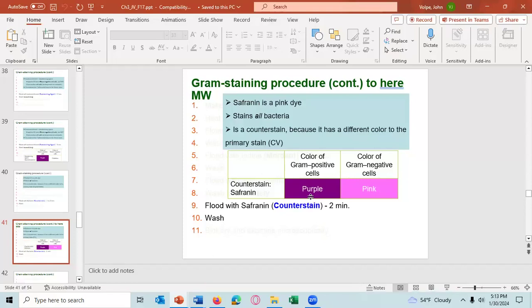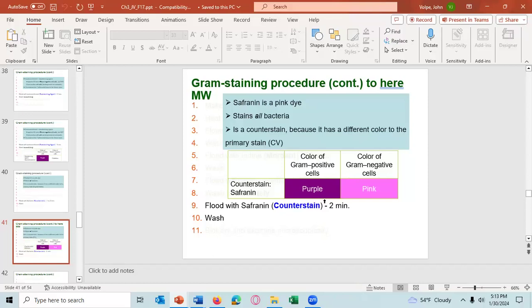Okay, safranin does get into the gram-positive cells, but when our human eye sees the color, it does not see the pink because it is overshadowed by the purple of the crystal violet iodine complex. So the pink is there, our human eye just does not see it. That's the property of our eyes. It is overshadowed by the crystal violet iodine complex, at least with the light microscope.